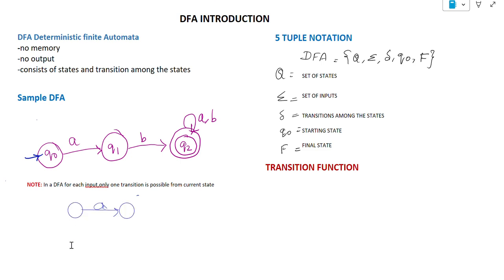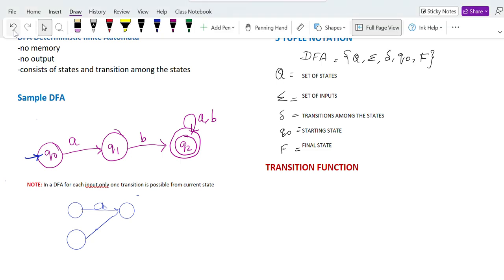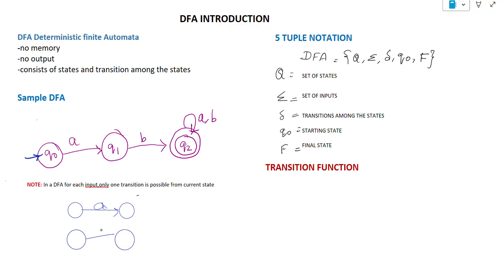Whereas it cannot accept something like this, that is, it cannot accept the same input and move to two different states. This is not possible.